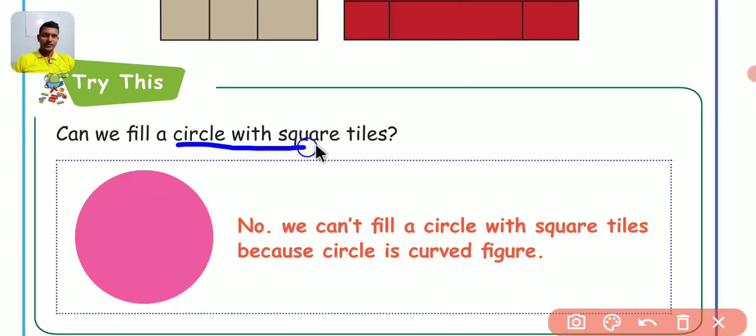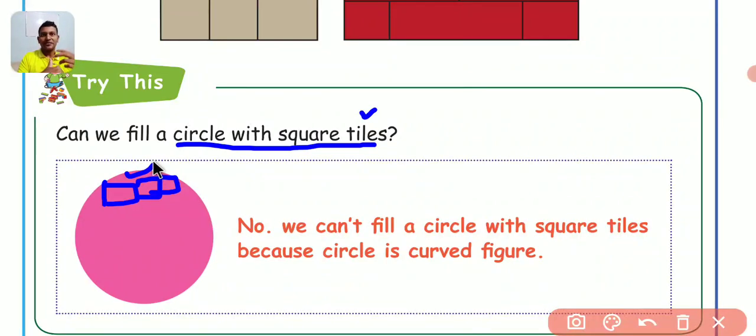We can't fill a circle with square tiles, because if you take a square in this circle, suppose if you want to fill the circle, we will have the gap. Okay, in tiling there is no gap.